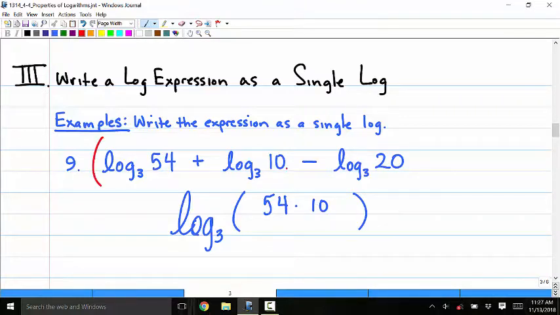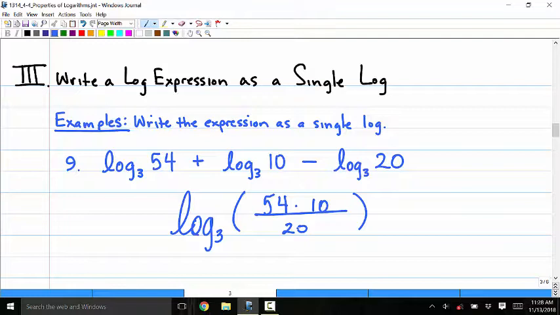I'm viewing it this way, this stuff minus that stuff. How do I get rid of this? I'm going to divide this number by that number. So I have log of 54 times 10 all divided by 20.